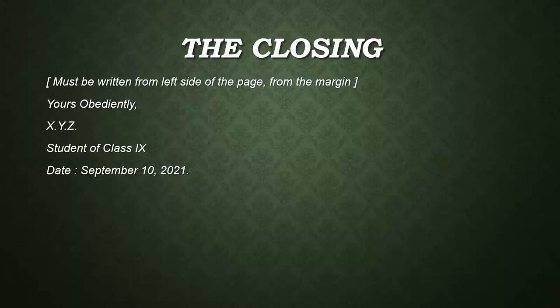But these are the simplest kind of applications, in which mostly we are asking for leave or for certificates, which I have told you that we will do some more practice of application writing. I hope you have understood till here. There are 7 steps. You must follow all those steps.